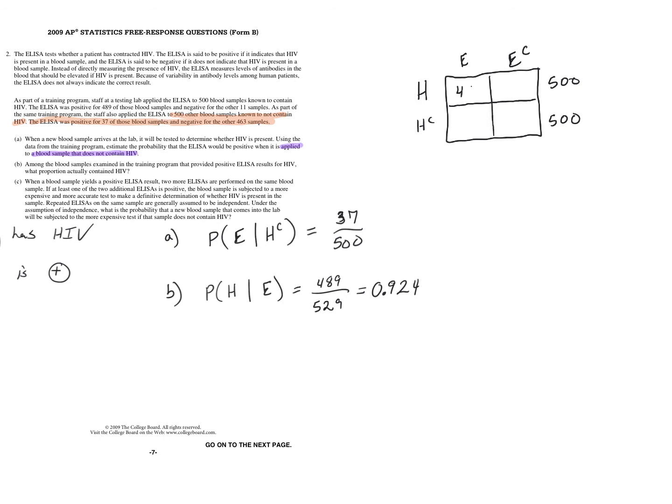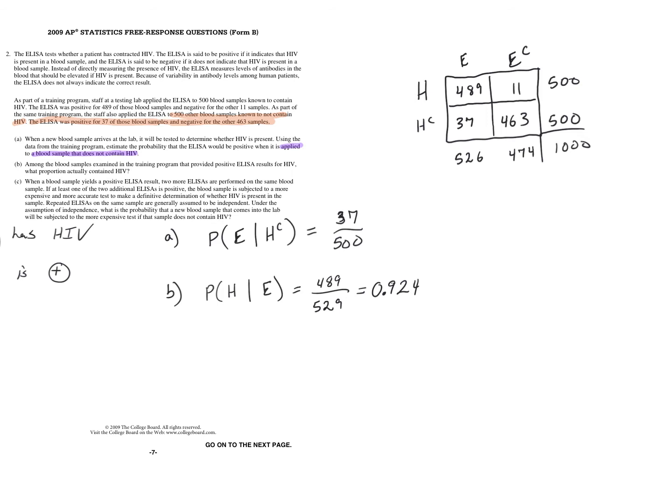So it's 489, which makes this remaining number easily just 11. And then we're told that there are 37 and 463 in these places as well. And that's what gets us to this 526 and what ends up being 474, all adding up to 1,000 either along the columns or the rows.